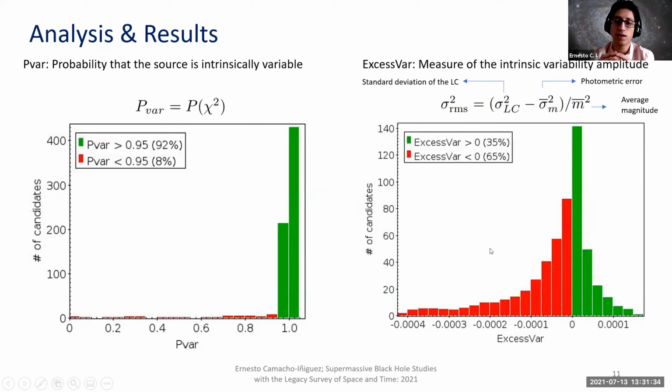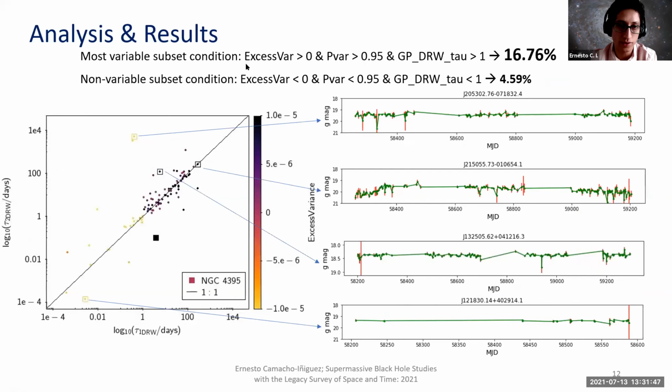So we selected a combination of features in order to define the most variable subset within our sample. So that is what I present here. The most variable subset conditions are the following: excess variance greater than 0, p-var greater than 0.95, and damped random walk modeling relaxation time greater than 1, because this is the point from which we cannot trace other lower timescales because of the cadence of CTF.